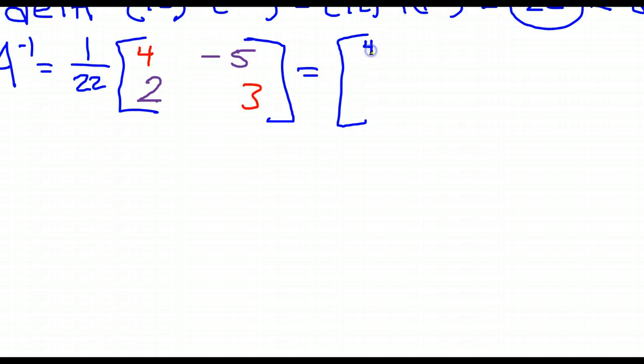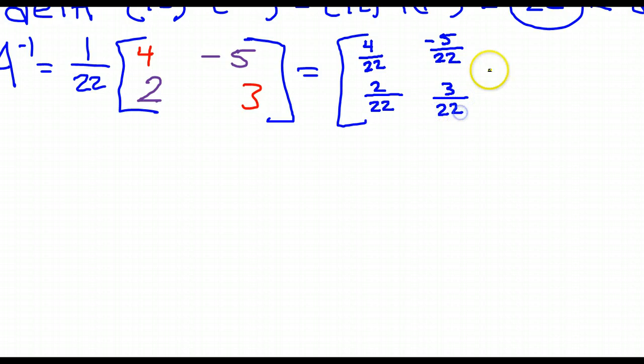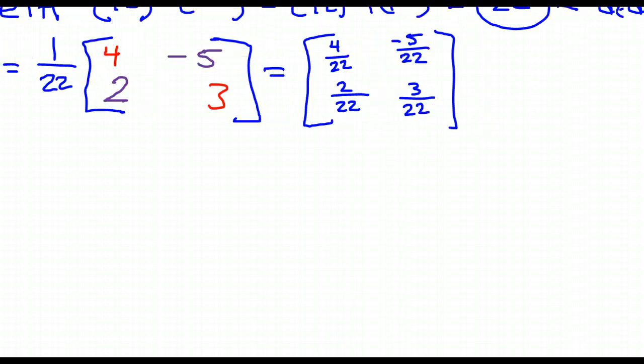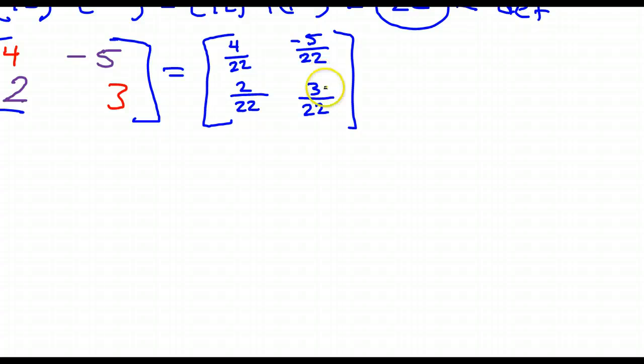This will be 4 over 22 and 2 over 22 and -5 divided by 22 and 3 divided by 22. You can probably see that a few of these will reduce. These two on the left will reduce and these two won't. So just reduce what you can, and then that'll be the answer.